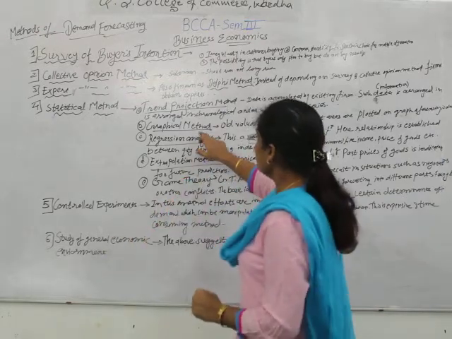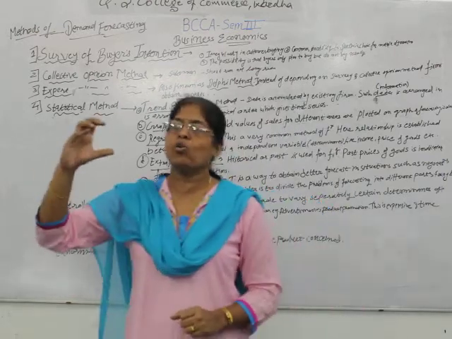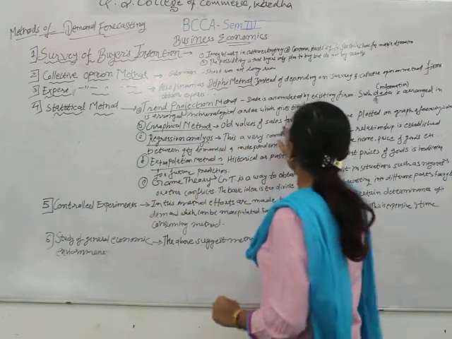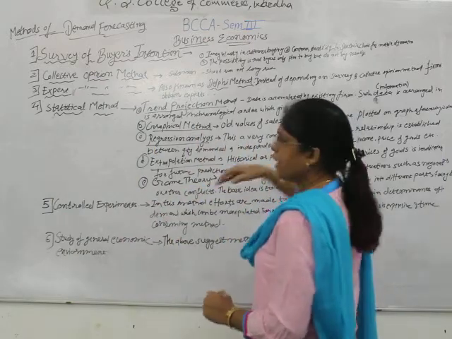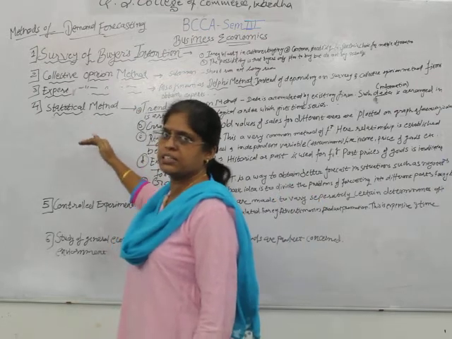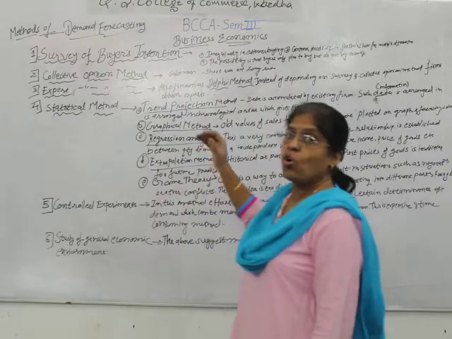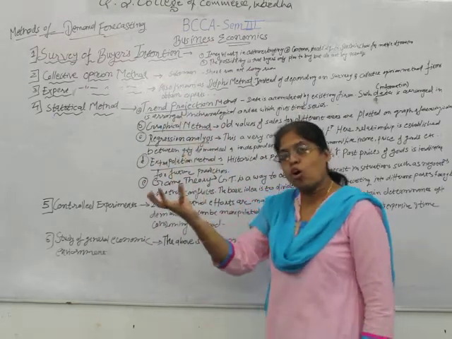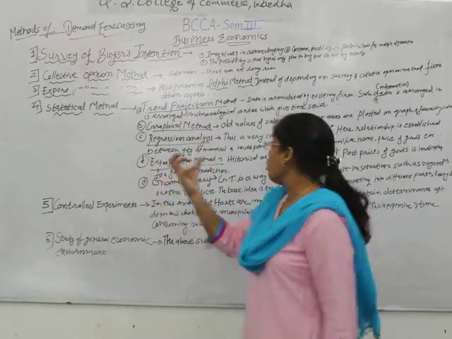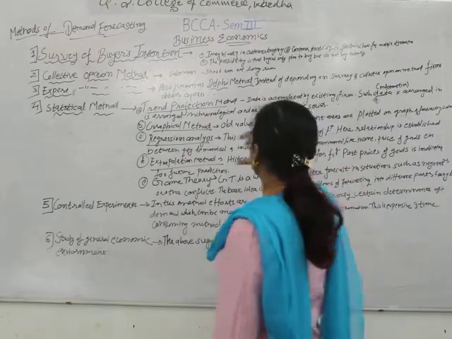In the graphical method, the old data is from different areas. There are different departments in the organization: purchase department, sales department, commercial department, then accounts department. So values from all these departments, or values of sales for different areas, are plotted on a graph.